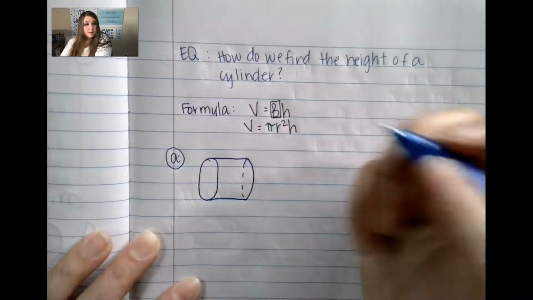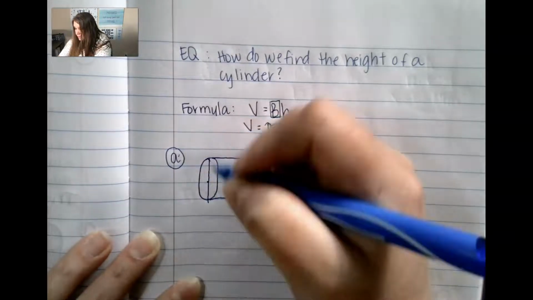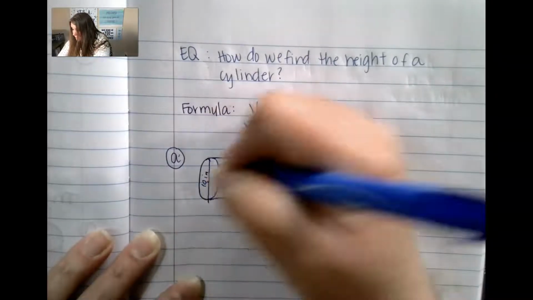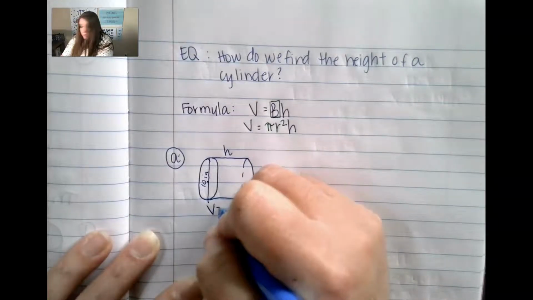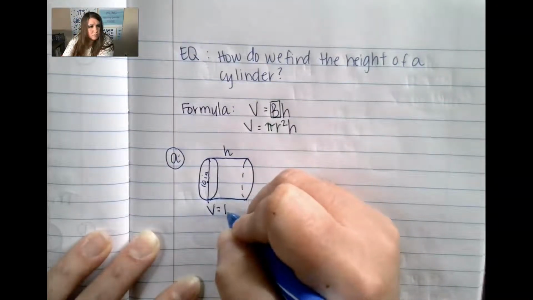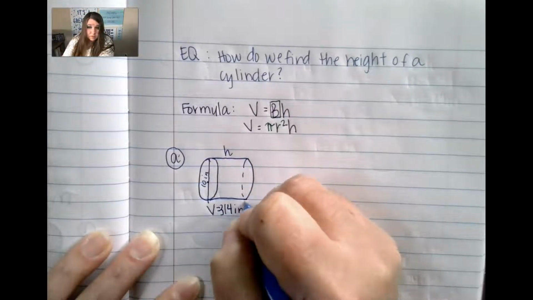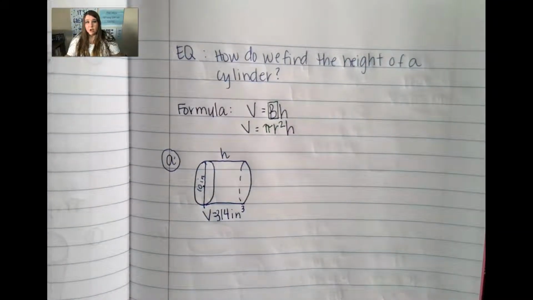It says that the diameter across is 10 inches. We do not know the height, and volume equals 314 inches cubed. So what we're going to do is look at what we know.